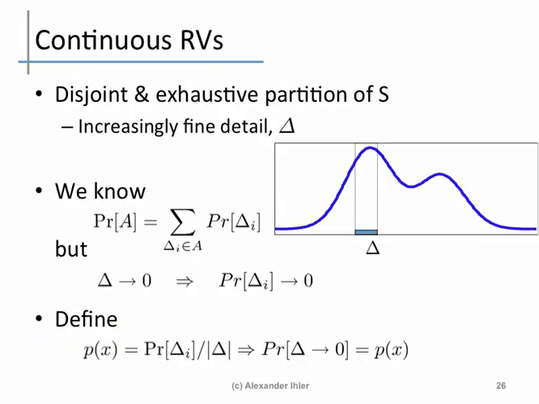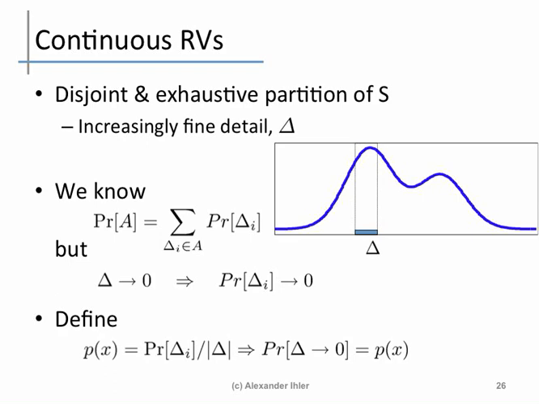Continuous random variables are a bit more subtle. Again, consider a disjoint and exhaustive partitioning of S, but now create one that's of some increasingly fine detail delta. So each bin is going to be of size delta, and there will be some large number of bins out of all the possible outcomes.